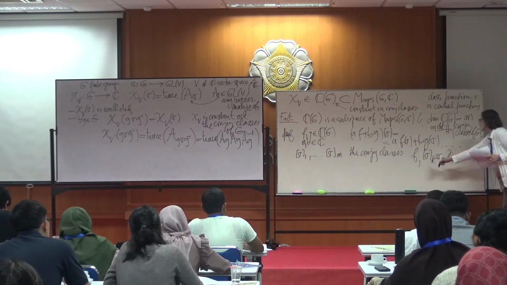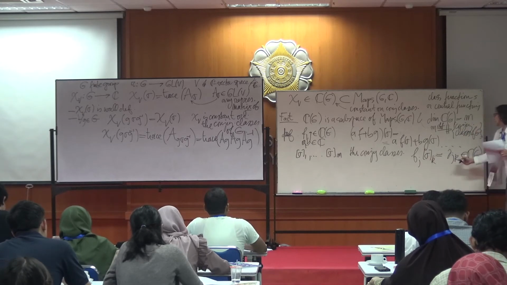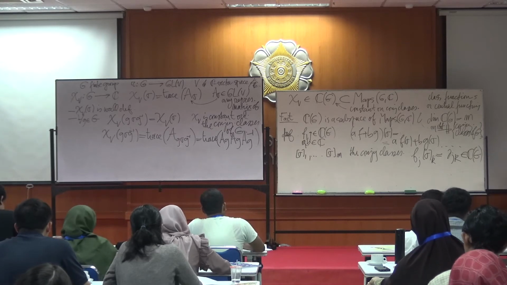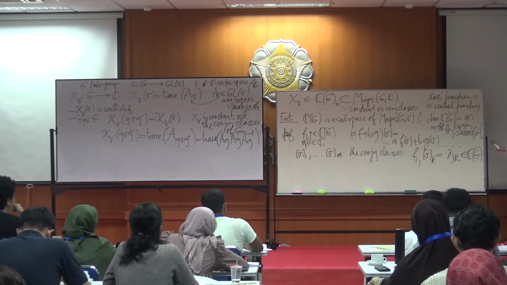It means that the value of f j is 1 on the j-th conjugacy class and 0 everywhere else. These clearly are m independent functions. Is it clear?